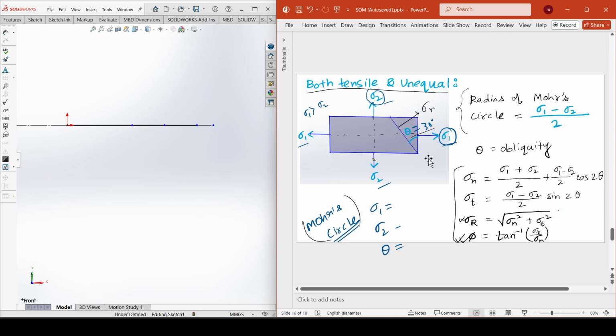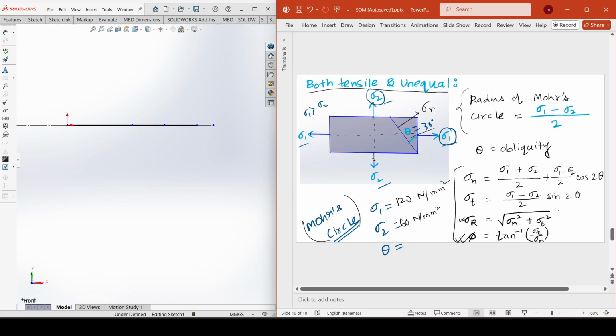Let me take some values to make it easier to understand. Let's assume that sigma 1, a tensile stress, is 120 Newton per millimeter square, and sigma 2 is 60 Newton per millimeter square. Theta is the angle with the minor stress axis.